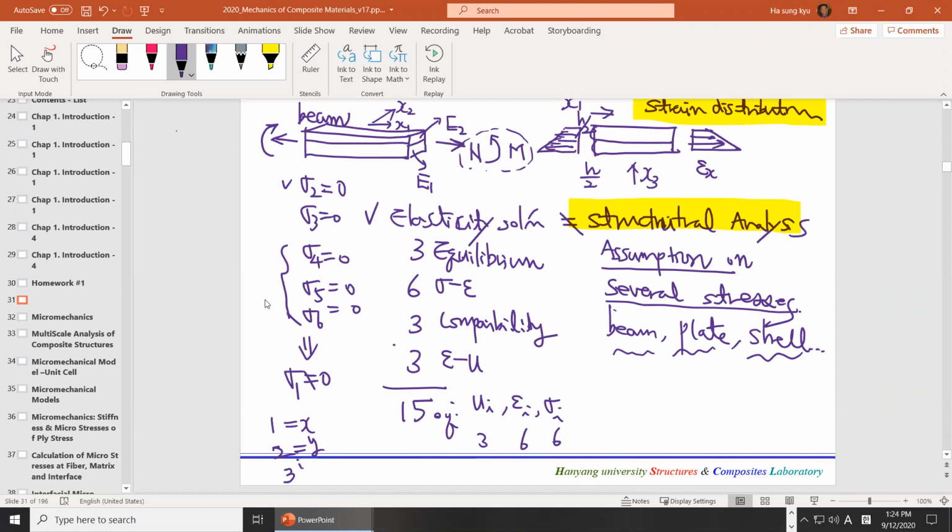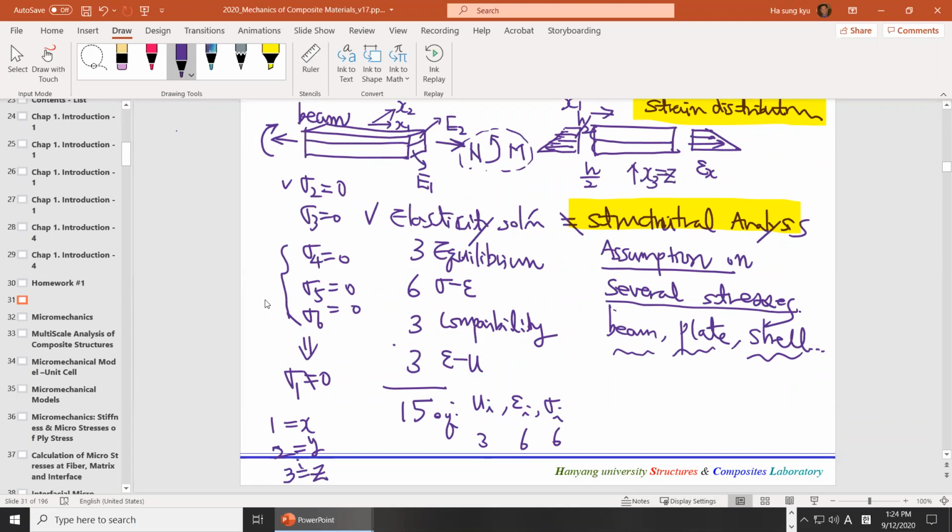Sometimes we use 3 as z, and xy as the number 6, and so on. We will discuss later, but please understand, x means the 1 direction, y means the 2 direction, and z means the 3 direction. So x3 is the same as z.